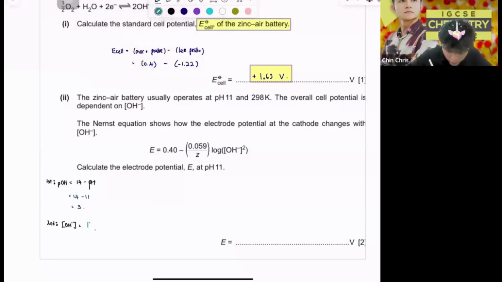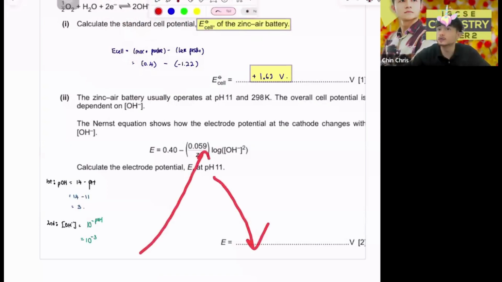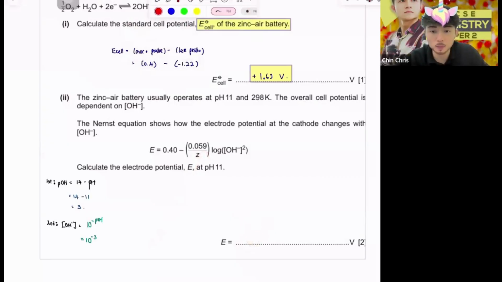It's 10 to the power of negative pOH, 10 to the power of negative 3. Done. Clear? All right, guys, plug it in now. Please tell me what is your electrode potential value. Let's go. They gave you the formula already. Good.